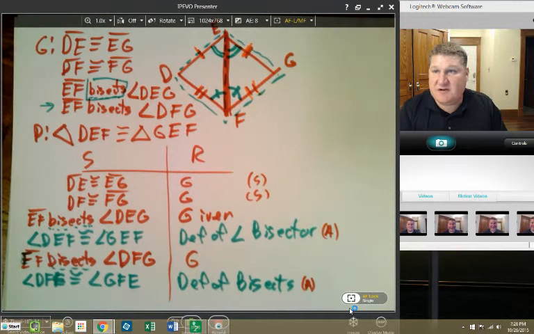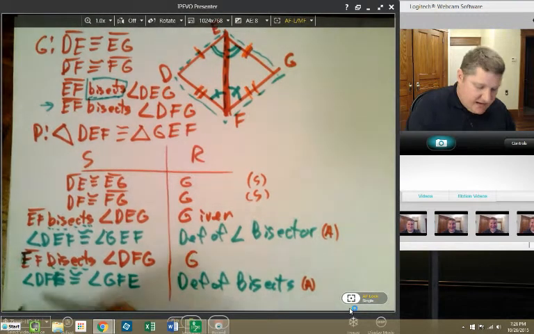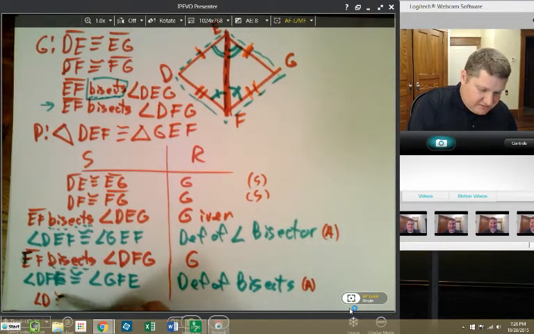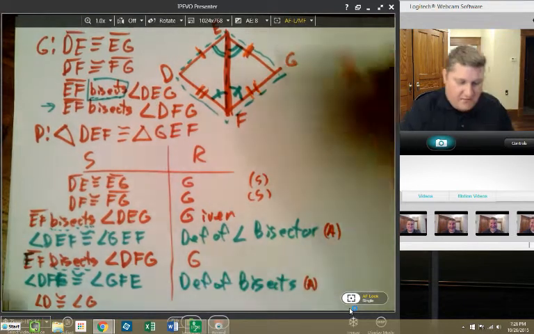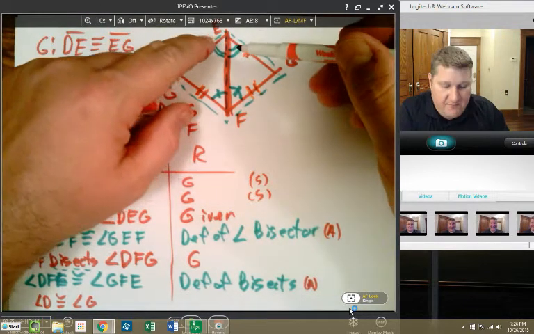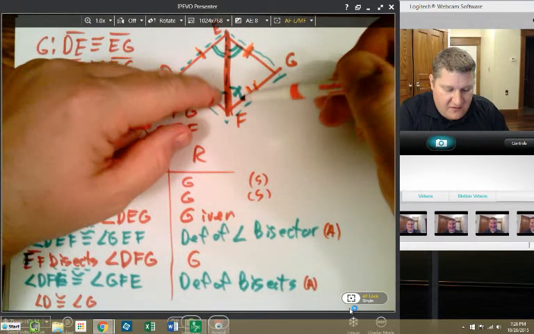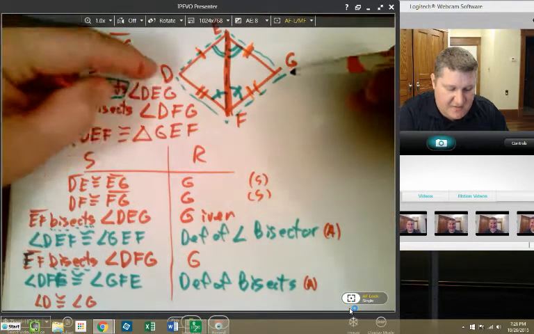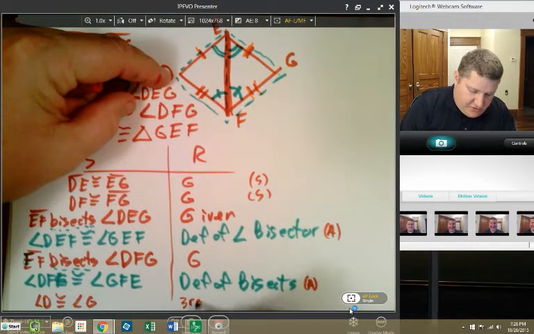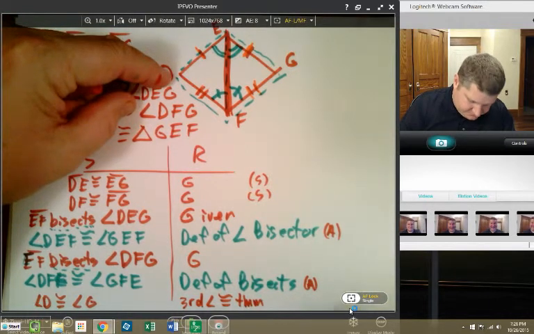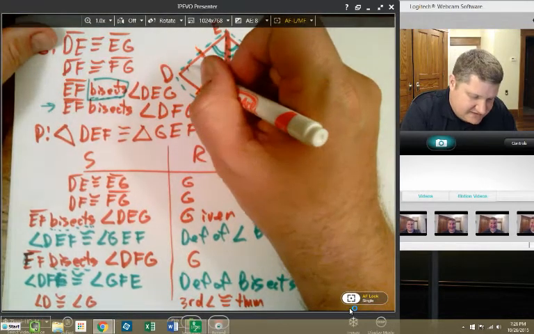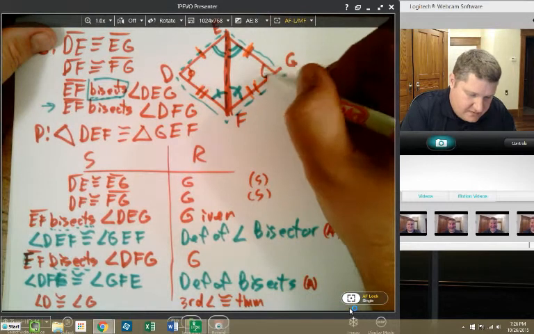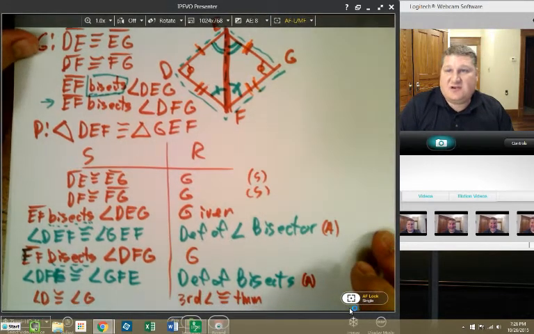Well, I need some other stuff. I can say that angle D is congruent to angle G because in any two triangles, if two pairs of angles are congruent to each other, automatically the third angle has to be congruent, third angle theorem. So now I can say angle D is congruent to angle G.